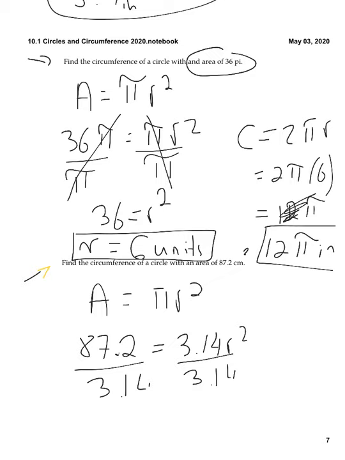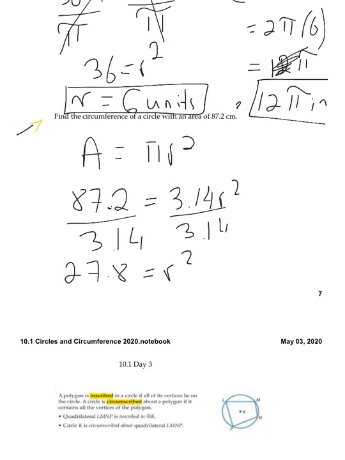So I'll use my calculator. 87 and 2/10 divided by 3 and 14/100. I have about 27.8. So 27.8 equals r square. Take square root of both sides. If you take square root of both sides, you will get about 5.3.